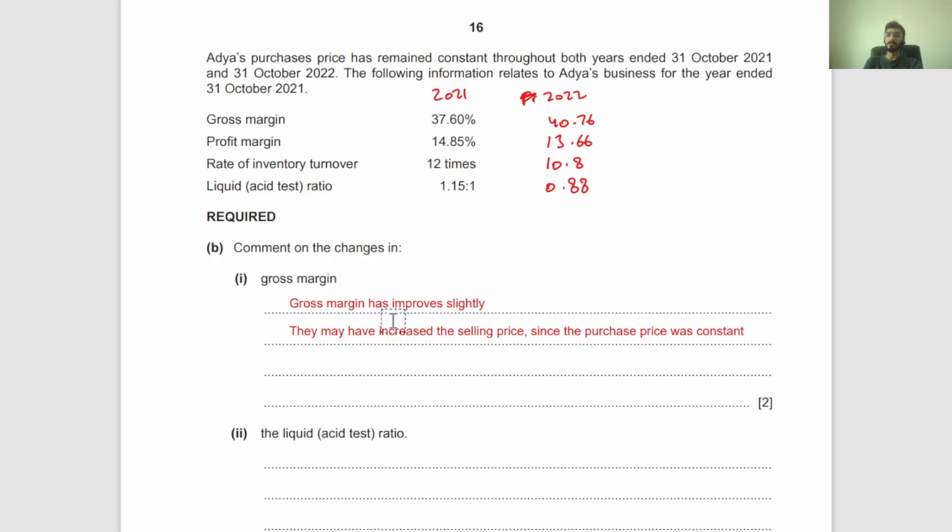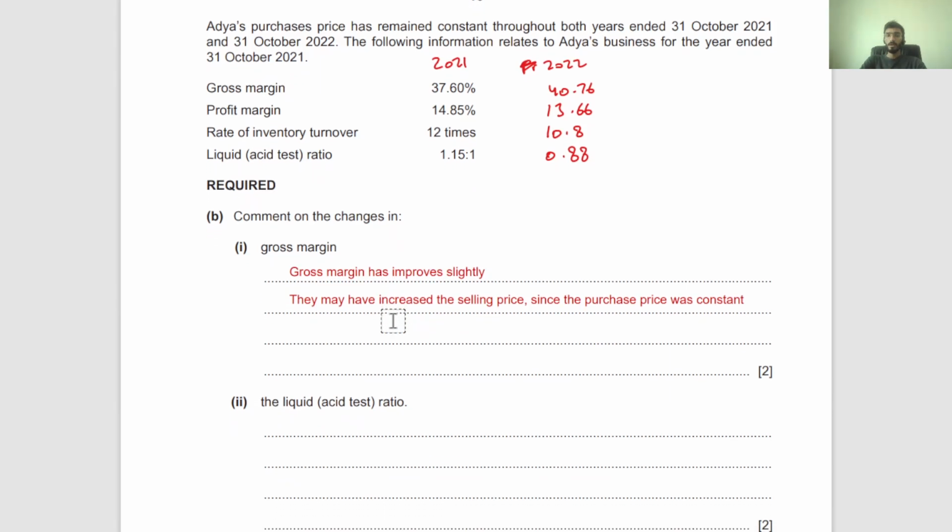The liquid acid test ratio, what can we comment on that? So the liquid ratio has slightly worsened, but is still acceptable, right?